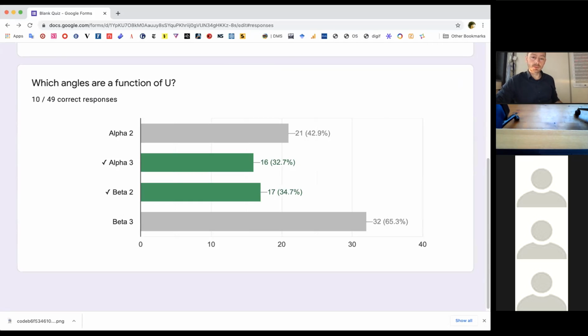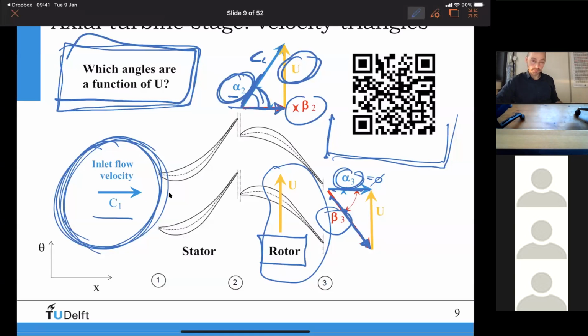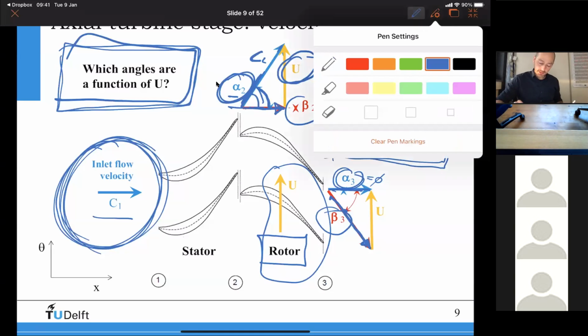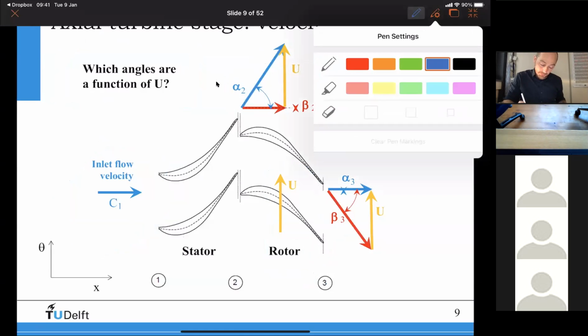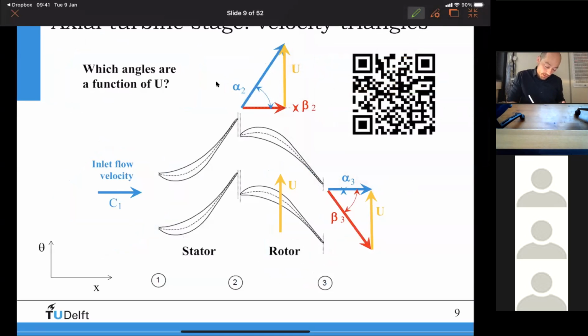So actually, most of the people said beta 3 is a function of u.